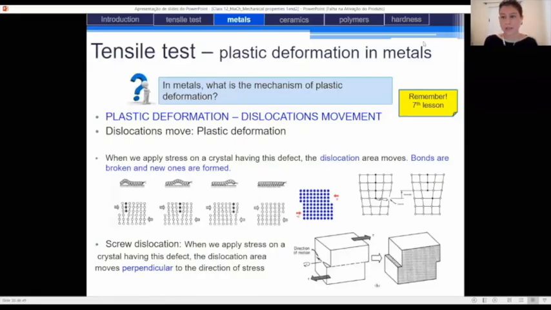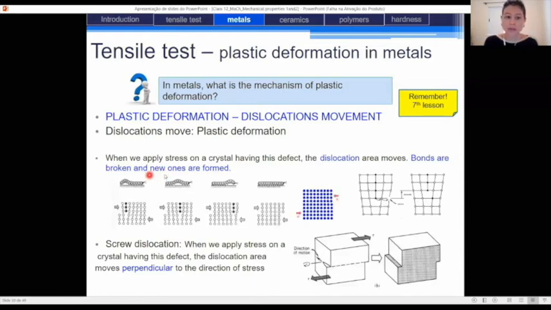We saw this dislocation in the 7th lesson. So let's remember, we presented that we have two kinds of dislocation: edge dislocation and screw dislocation. And these dislocations are able to move in the material, and this enables us to explain plastic deformation.